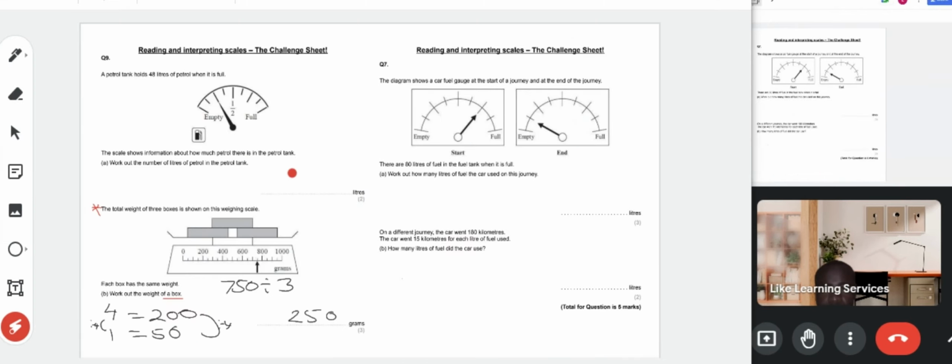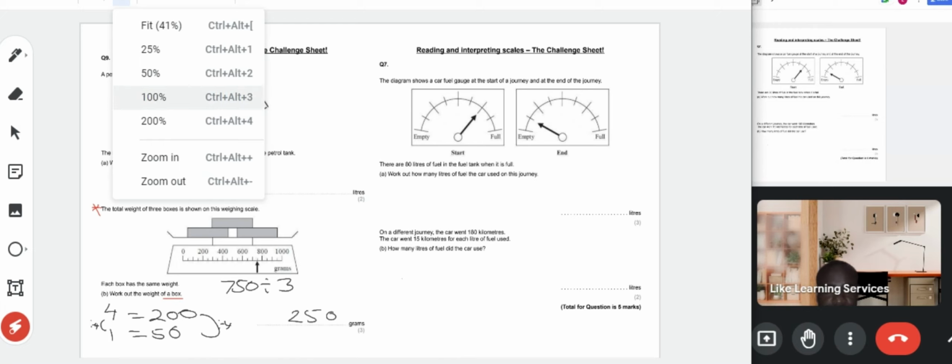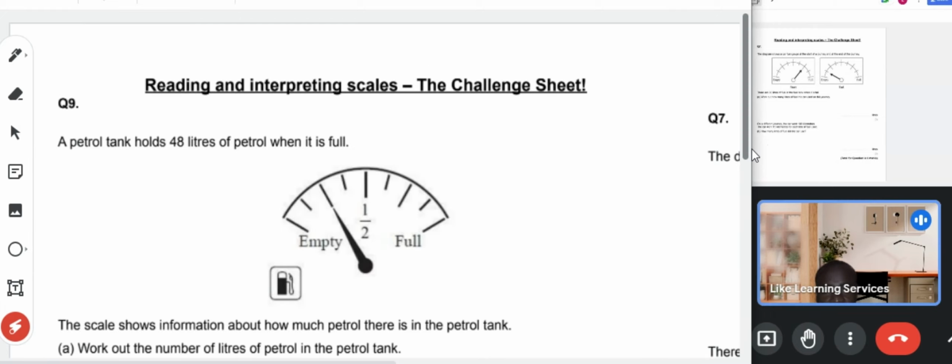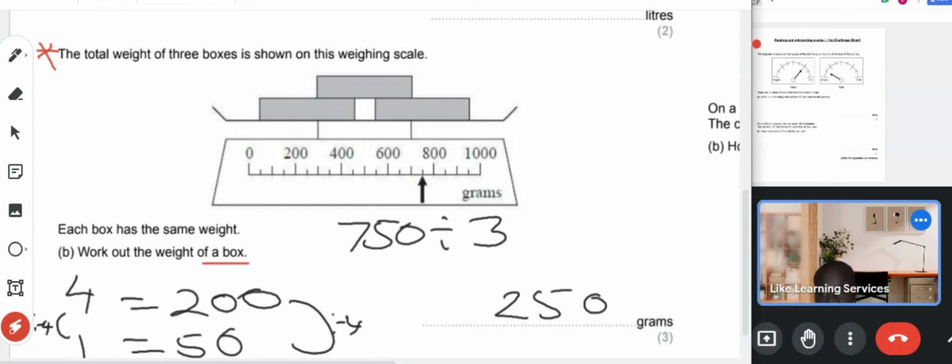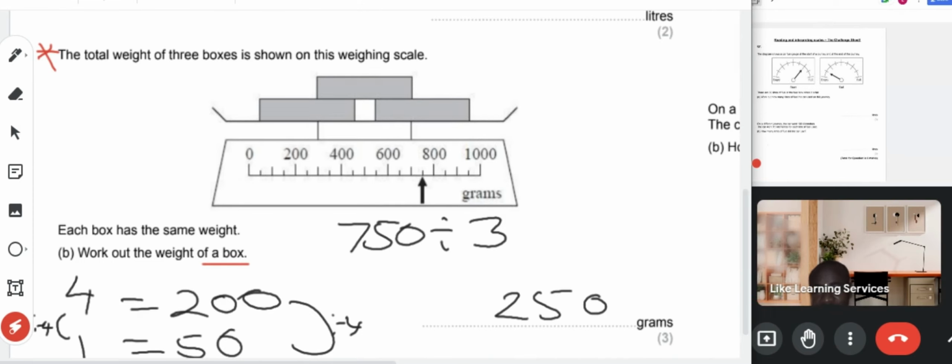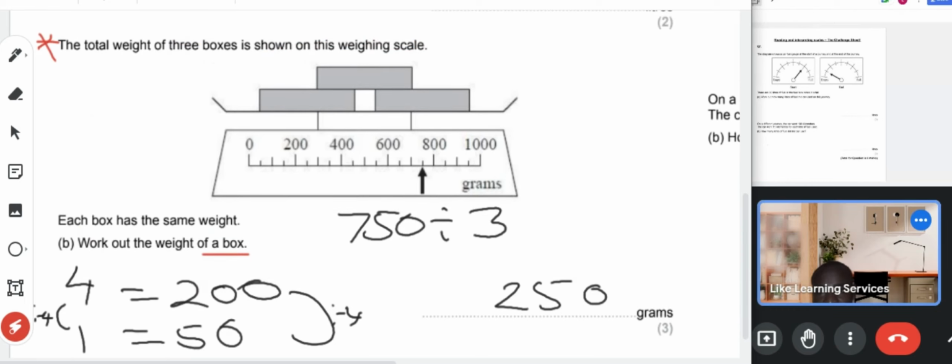Okay, so this one says, let me go through this one you did first of all. I think you got this. I'm checking. Let's go. There are 3 boxes, 1, 2, and 3, and this is the reading.